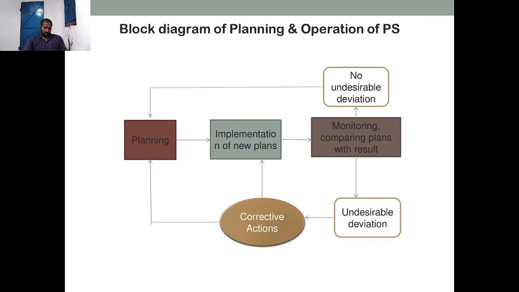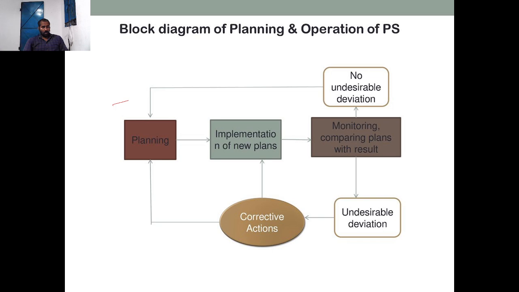And here you can see the block diagram, planning and operation of the power systems. The entire power system planning and operation you can see in this block diagram. Here you can see the planning. Then we have to implement the new plans, and we will monitor and compare the plan with the results.